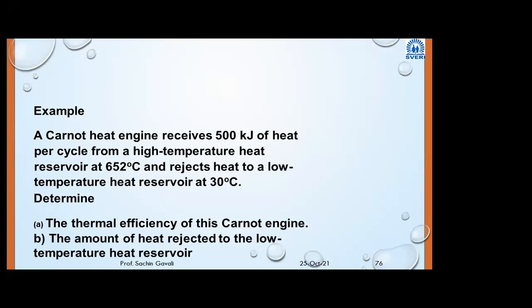Reversible heat engine efficiency is always greater than irreversible heat engine efficiency. How to identify if a cycle is irreversible or impossible? By finding the cyclic integral of dQ by T. If only one sink and one source are there, then the cyclic integral of dQ by T is equal to Q1 divided by T1 minus Q2 divided by T2.